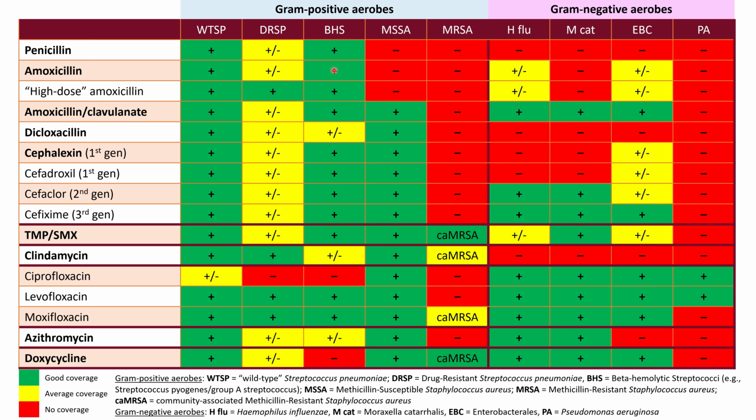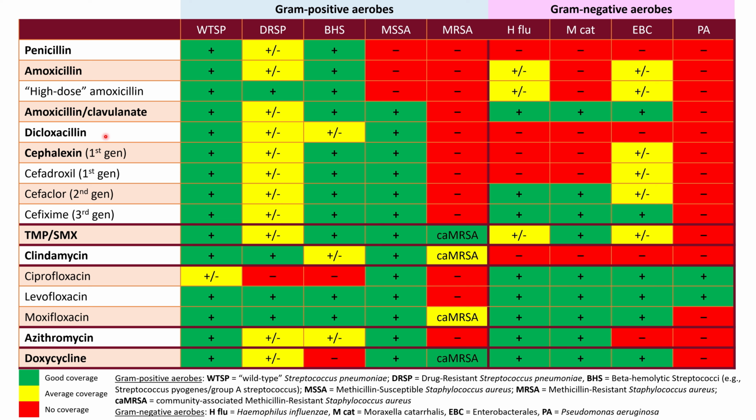And because amoxicillin standard dose has excellent activity against beta hemolytic strep, there's really no role for a high dose amoxicillin that normally will work well for strep pneumo. For beta hemolytic strep, it's unnecessary to use high dose amoxicillin. Now, when we want both beta hemolytic strep coverage and MSSA, because MSSA makes penicillinases, there is a need for clavulanate. So amoxicillin clavulanate, excellent activity for both beta hemolytic strep as well as MSSA, but no activity against MRSA.